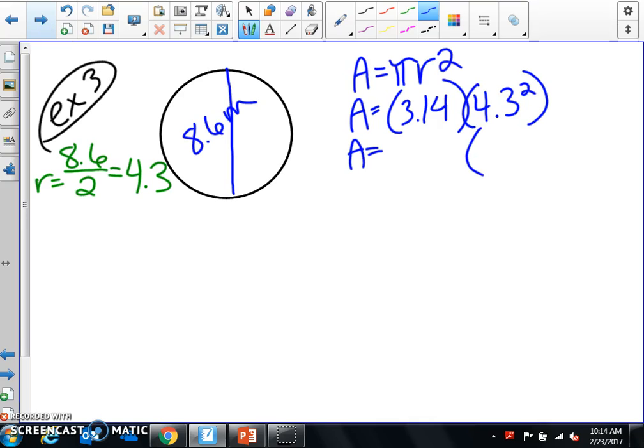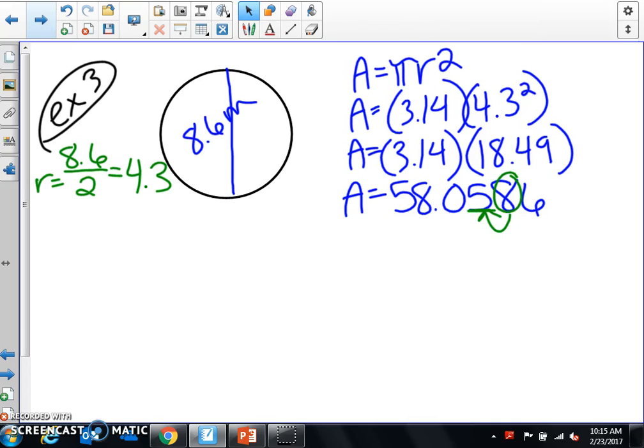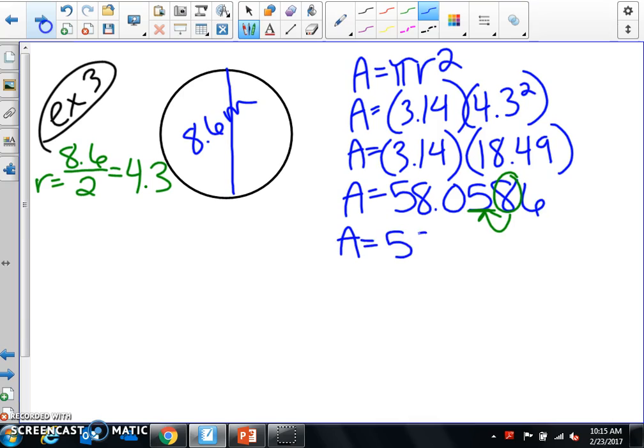So 4.3 squared is 18.49. And then I'm going to bring down my 3.14. Area equals 3.14 times 18.49, which is 58.0586. And I'm going to go ahead and round that to the nearest hundredth. Remember, this is tenths, hundredths. This would bump it up. Therefore, my area is 58.06 meters squared.